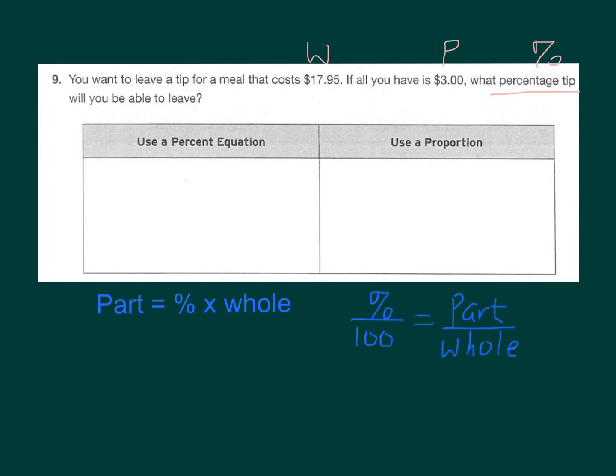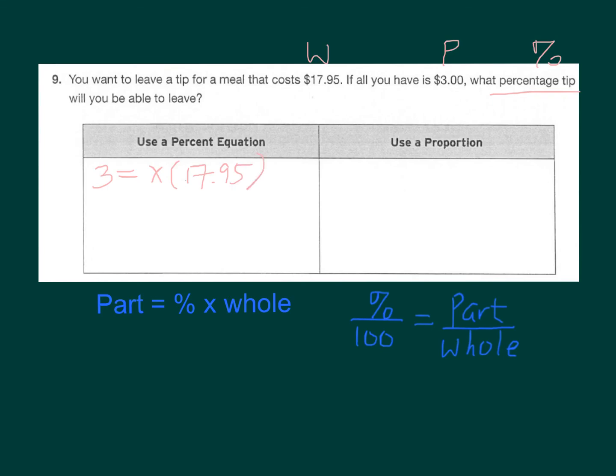Okay, so let's plug in the elements into the percent equations. Part is 3. So you have 3 equals, percent is what you don't know, so I'll just make it x, times whole, $17.95.